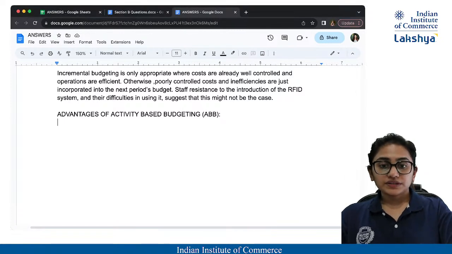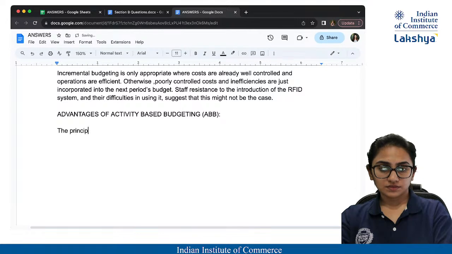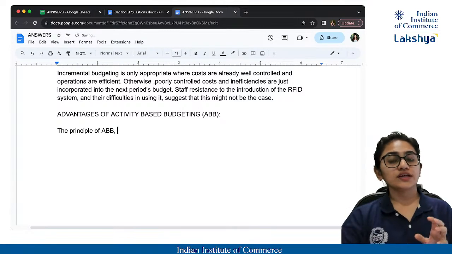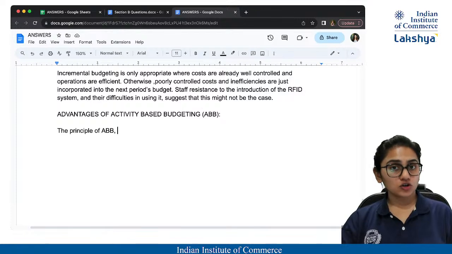So can we begin with the advantages of activity-based budgeting? What are the advantages? The principle of ABB. I told you all yesterday that activity-based budgeting is based on ABC costing.